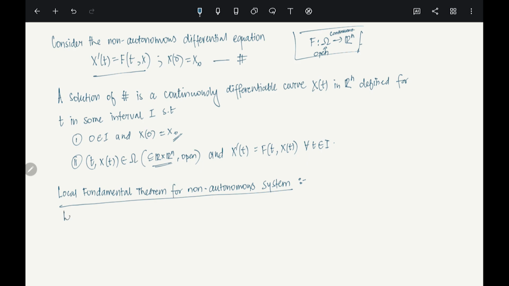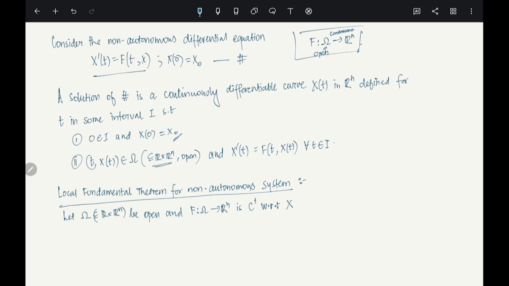It says: let omega, a subset of R cross Rn, be open, and capital F from omega to Rn be a C1 function with respect to x.